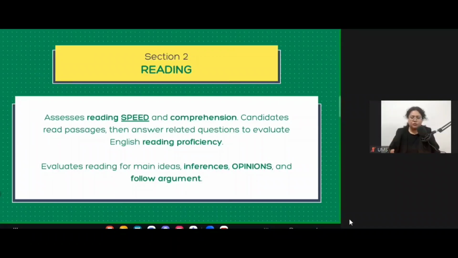Now, the usual complaint with the section is that time is something that people have trouble with, that they sometimes say, oh, the time has run out and so on. But that's usually because students get stuck pondering on a question. They get stuck with a question or a part of the passage, not being able to find the answer, or maybe they're reading it again and again.